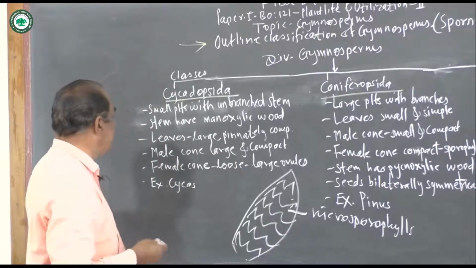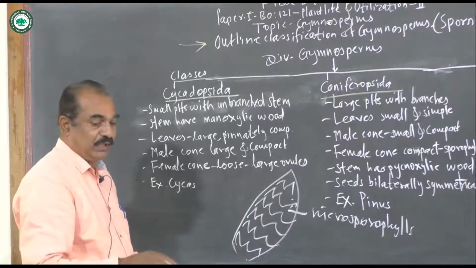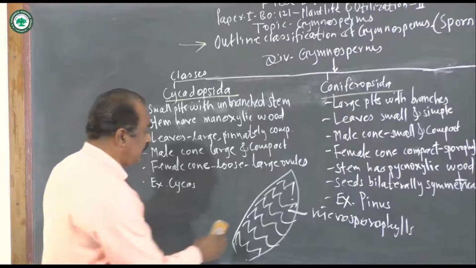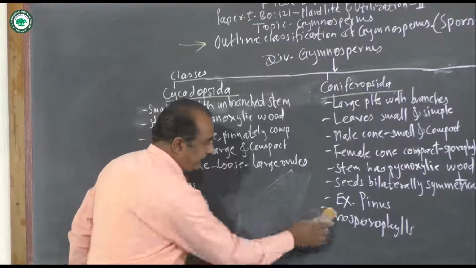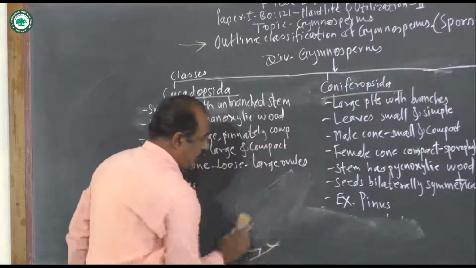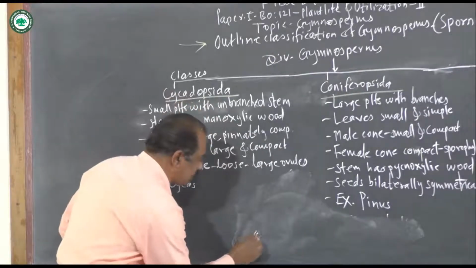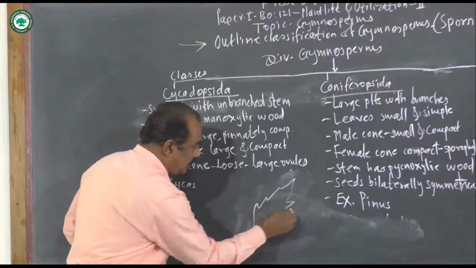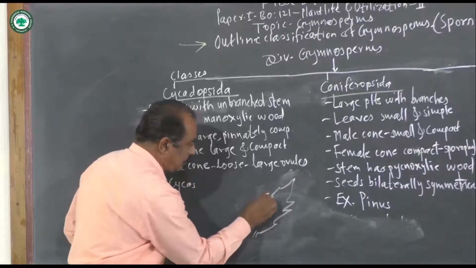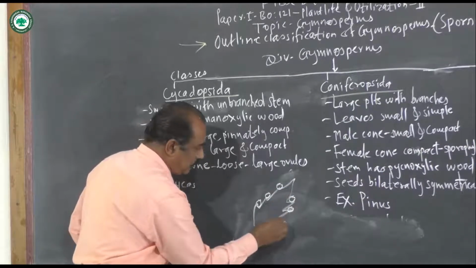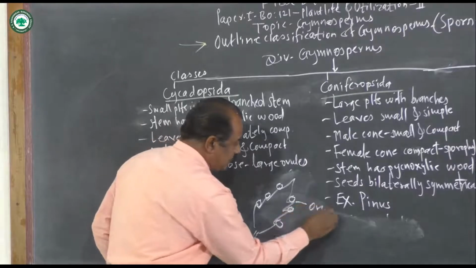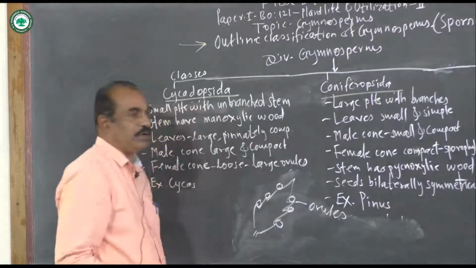Now next character, the female cone is loose and it has large ovules. The female cone is like this. So these are the ovules, and this is the female cone.